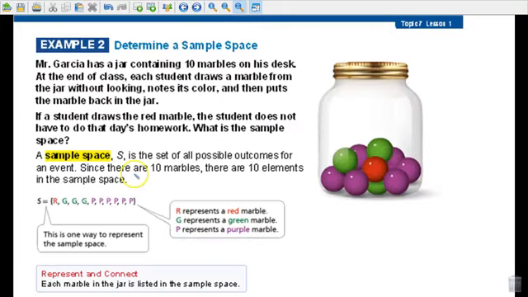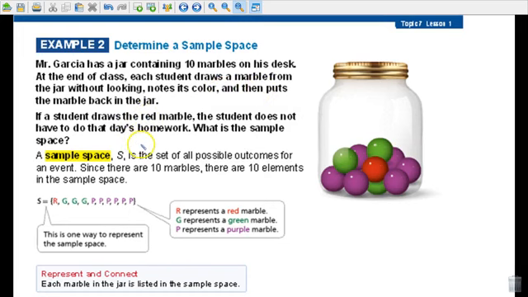I've got example 2, determine a sample space. Mr. Garcia has a jar containing 10 marbles on his desk. At the end of class, each student draws a marble from the jar without looking, notes its color, and then puts the marble back in the jar.